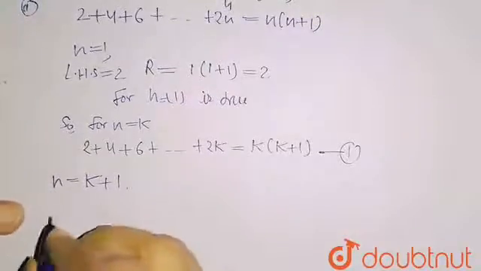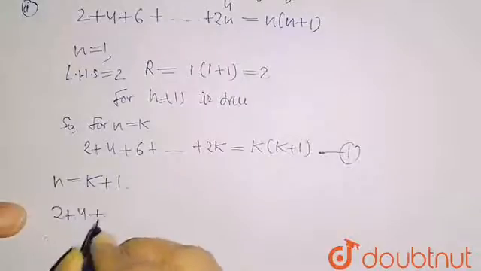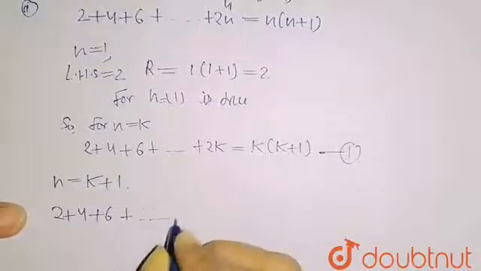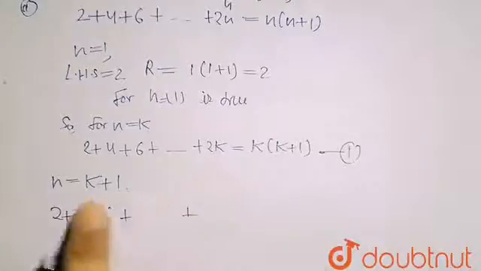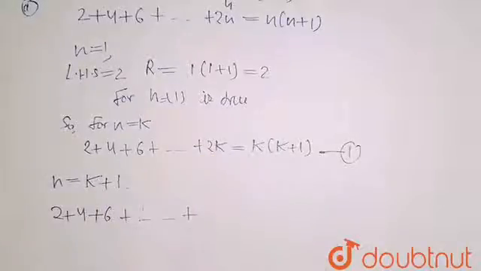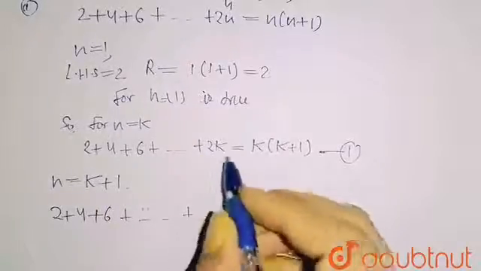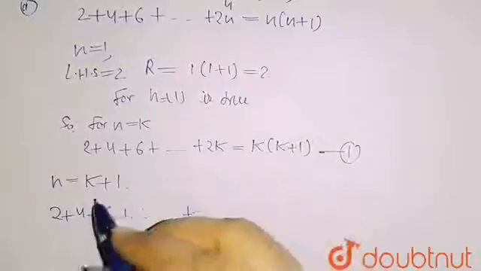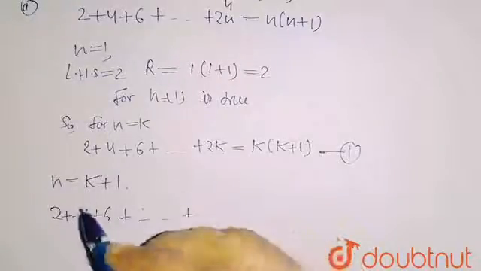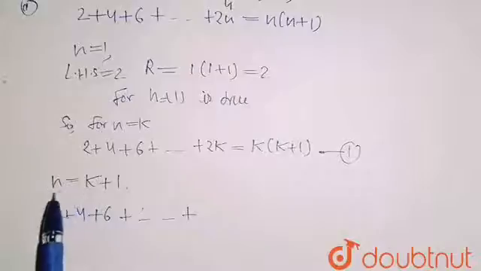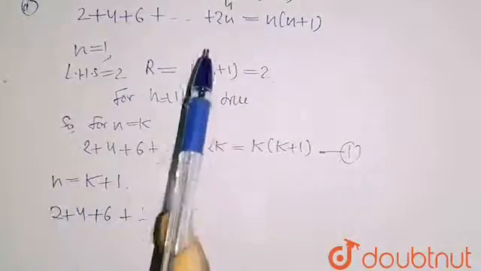So here I will write 2 plus 4 plus 6 and so on, plus one more term before this. I am writing this term by putting the value of n, that is, putting k plus 1 in this equation.